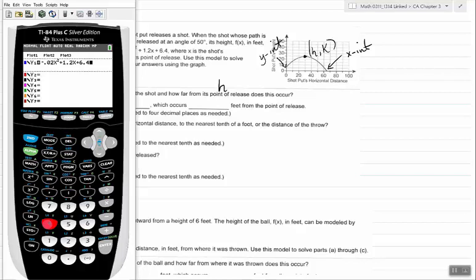All right, I can use the x's and y's here to mimic this window. It is going from 0 to 100 and from 0 to 50. Okay, so graph.